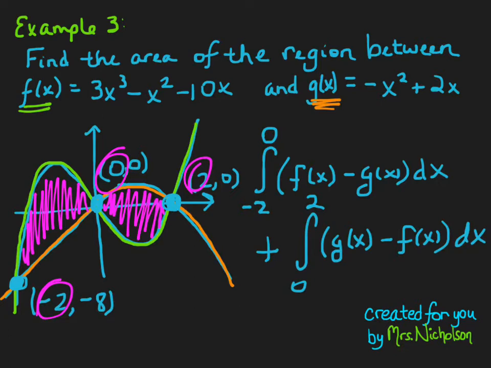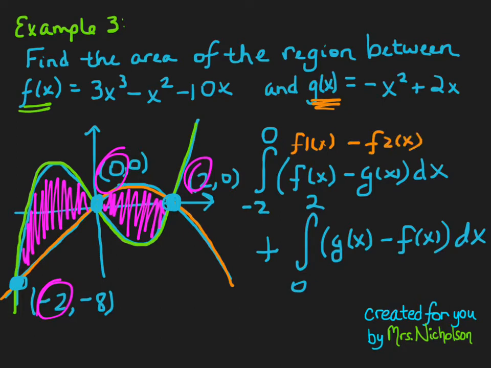Now you can do this in your calculator, and remember, hopefully you entered f into f1, and if you entered g into f2, then when you type this integral into your calculator, you can use that notation. Let's just call this f1 of x minus f2 of x.